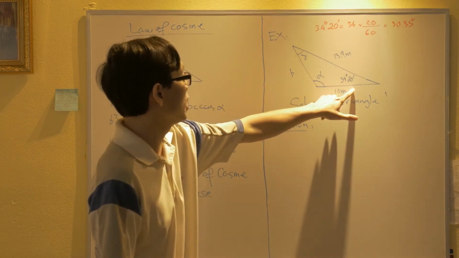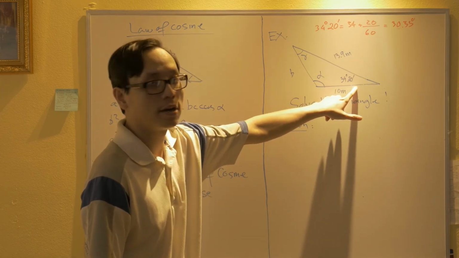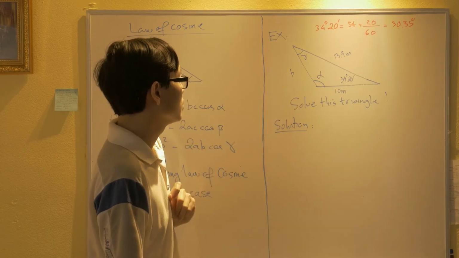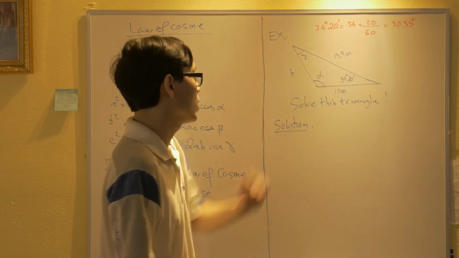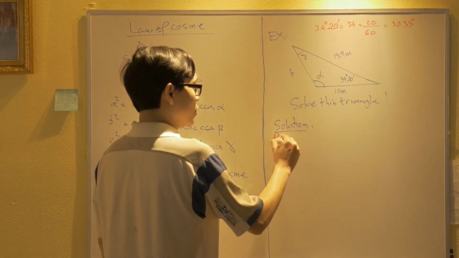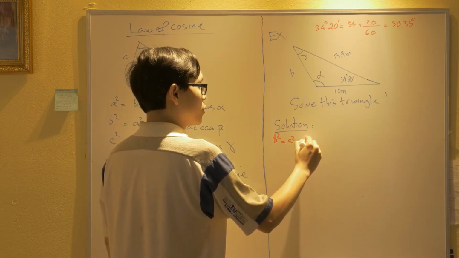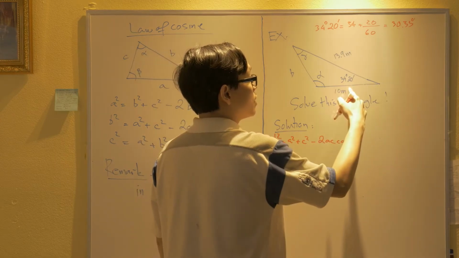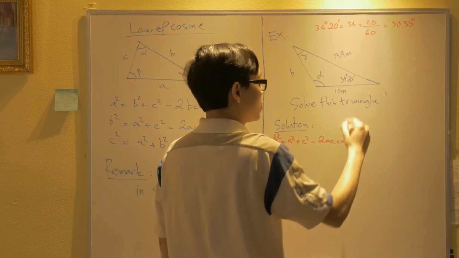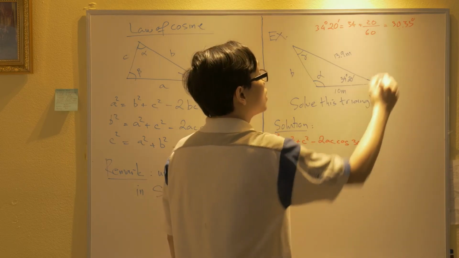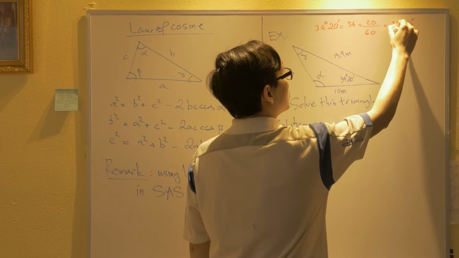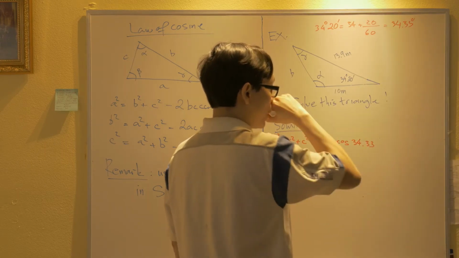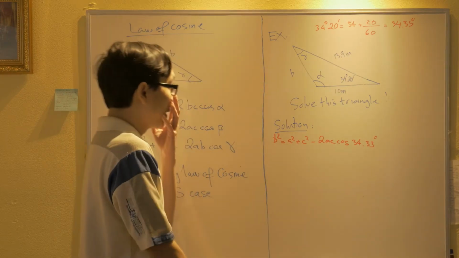I already have the angle here, so I can find the opposite side of the angle. We're going to have b squared equal to a squared plus c squared minus 2ac cosine of 34 degrees 20 minutes, which is 34.33 degrees.